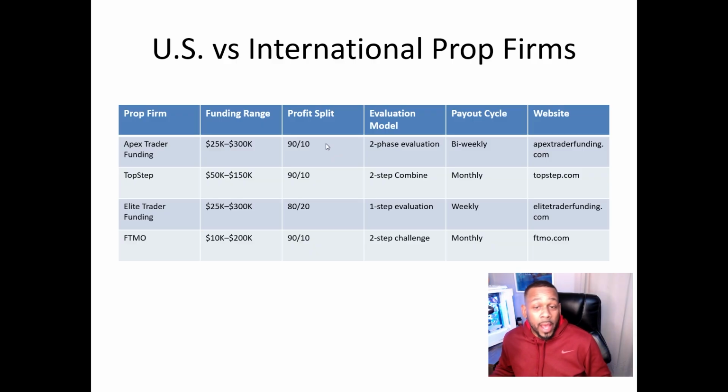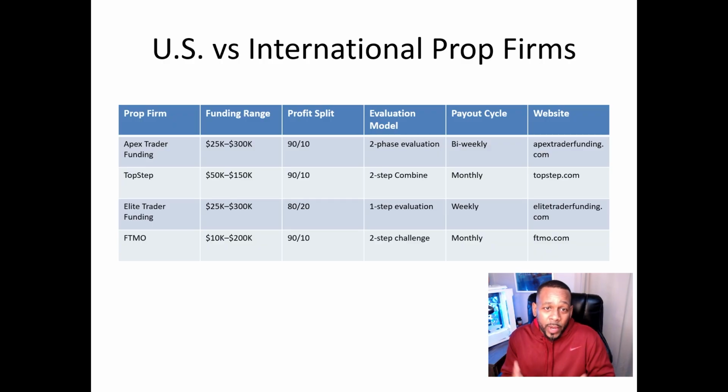Now, they also will get you a same day evaluation phase. Their evaluation model, they say 2-phase evaluation, which is, again, you get a paper account that you have to get above a certain amount in the evaluation phase.